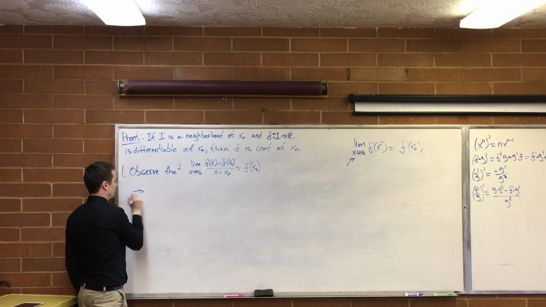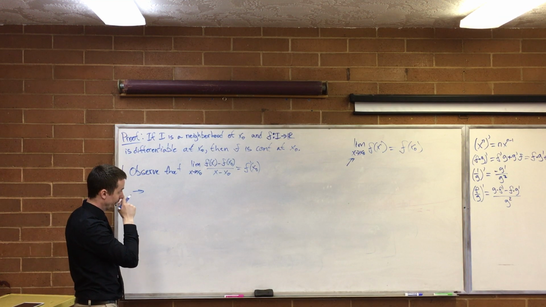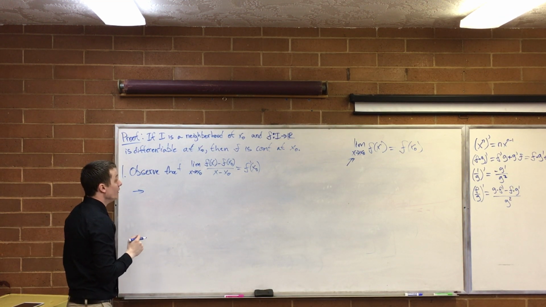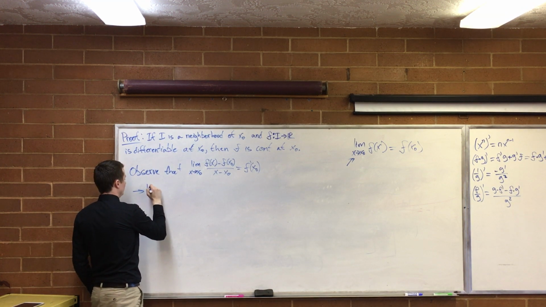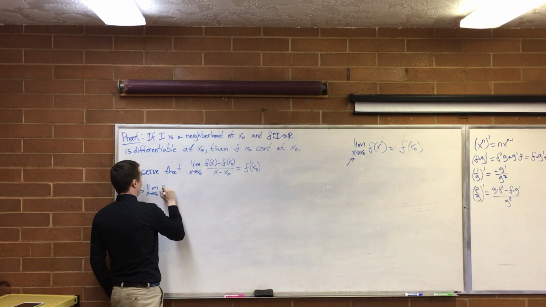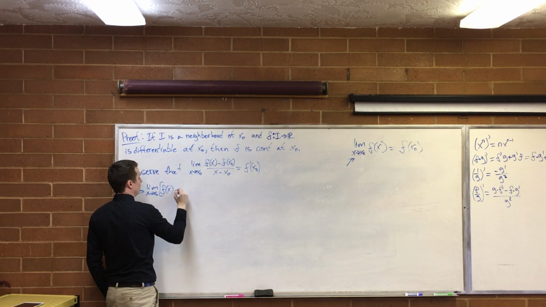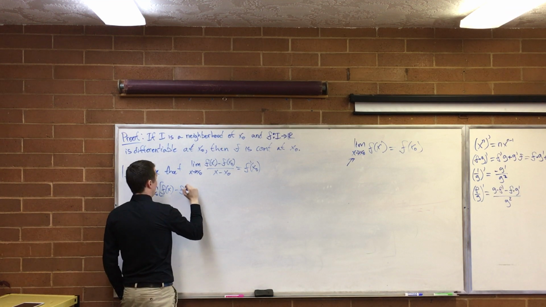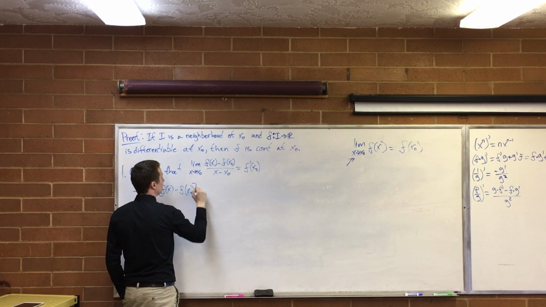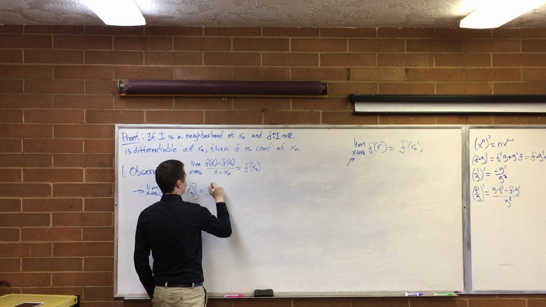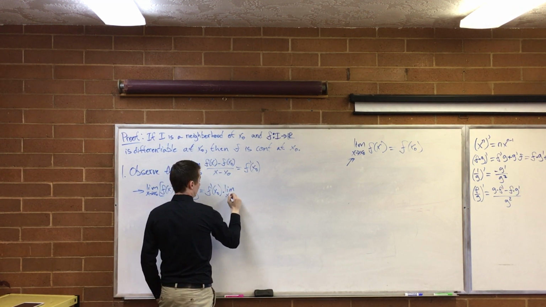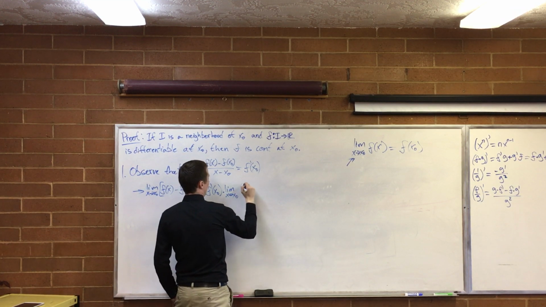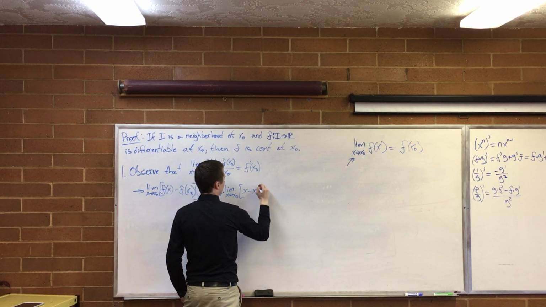I'm not going to use a lot of words, I'm just going to keep doing implies arrows and rewrite equations. Well, that gives us that the limit as x approaches x naught of f of x minus f of x naught is equal to f prime of x naught times the limit as x approaches x naught of x minus x naught.